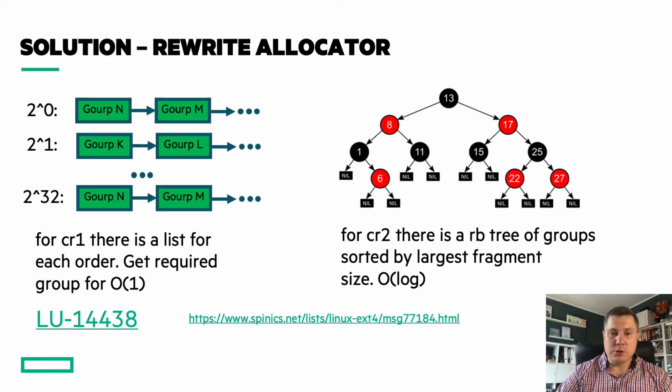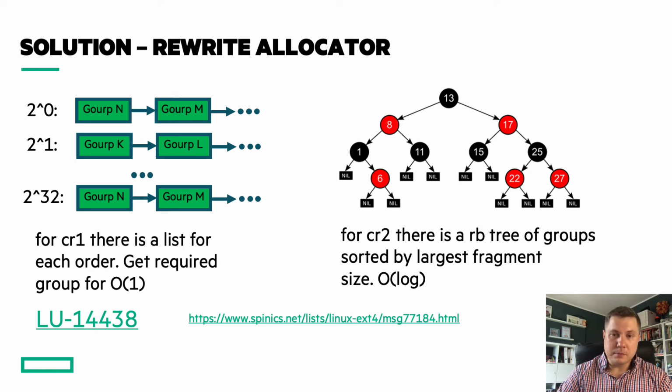There is a solution that has already landed in the kernel ext4 and is now being landed to Lustre in the issue shown in this picture. This approach adds two kinds of data structures. First is a linked list that is used in the CR1 loop to quickly catch a large enough range of free blocks.